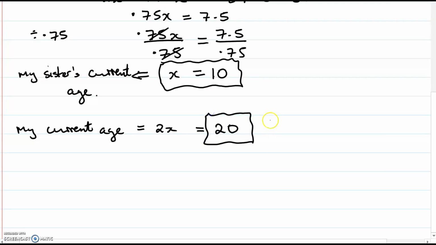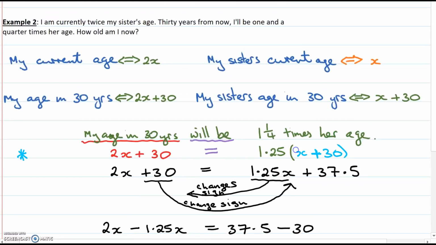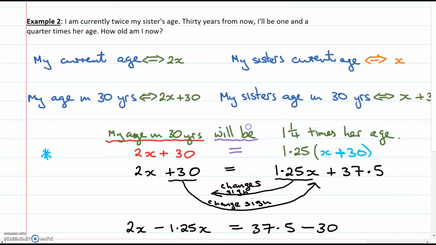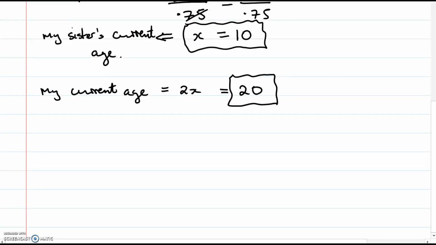Now, let's just check if it makes sense. Because the question says, if we go back and read the question, 30 years from now, I'll be 1 1/4 times her age. So 30 years from now, okay, I'm 20 now.